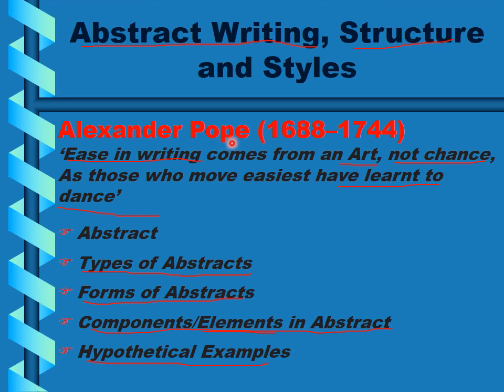Alexander Pope was once quoted publicly trying to tell the public that ease in writing comes from an art. It's not just by chance. Rather, those who have been involved in writing, they have read a lot about it, and they are now dancing in a proper tune.